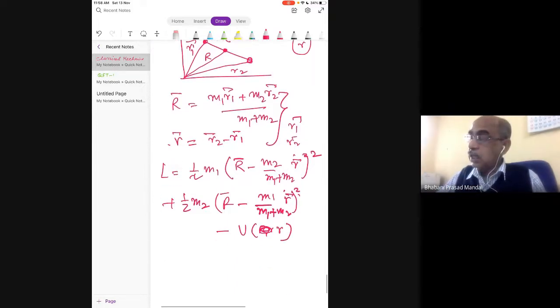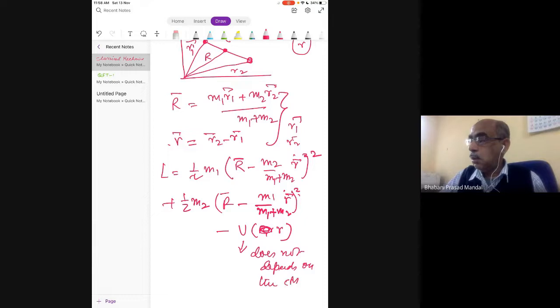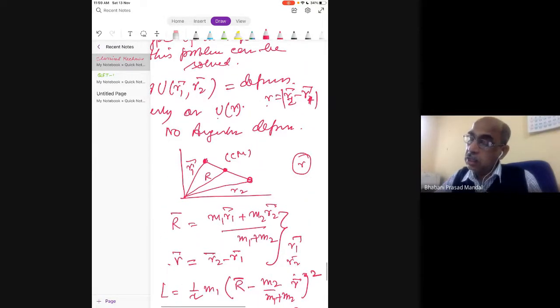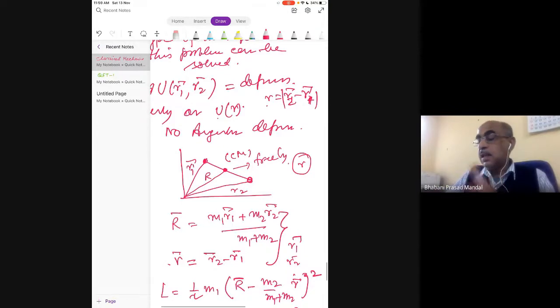So the potential does not depend on the center of mass. Because of that, it will be easy to separate out, and we'll see that I can think of this motion as the center of mass moving freely, and there is a relative motion with respect to the center of mass.